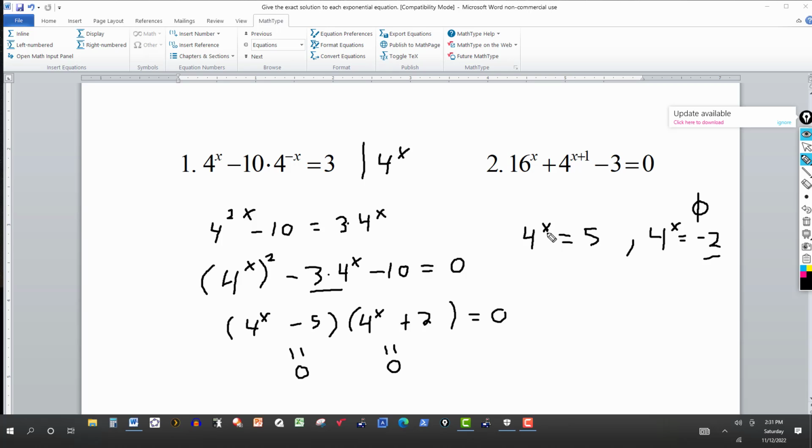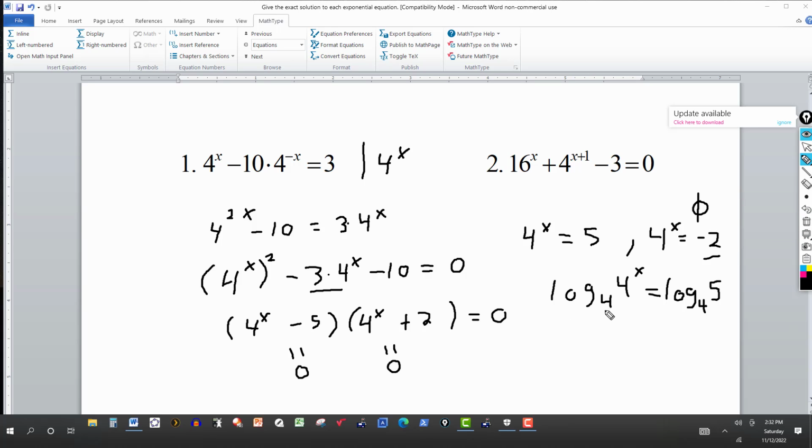Now, since I want an exact solution, I can just go ahead and take the log of both sides here. I have two positive numbers, and I can do that as long as both numbers are positive. So I'm going to take the log to base 4 of both sides. And then this side, I have the log to base 4 of 5.